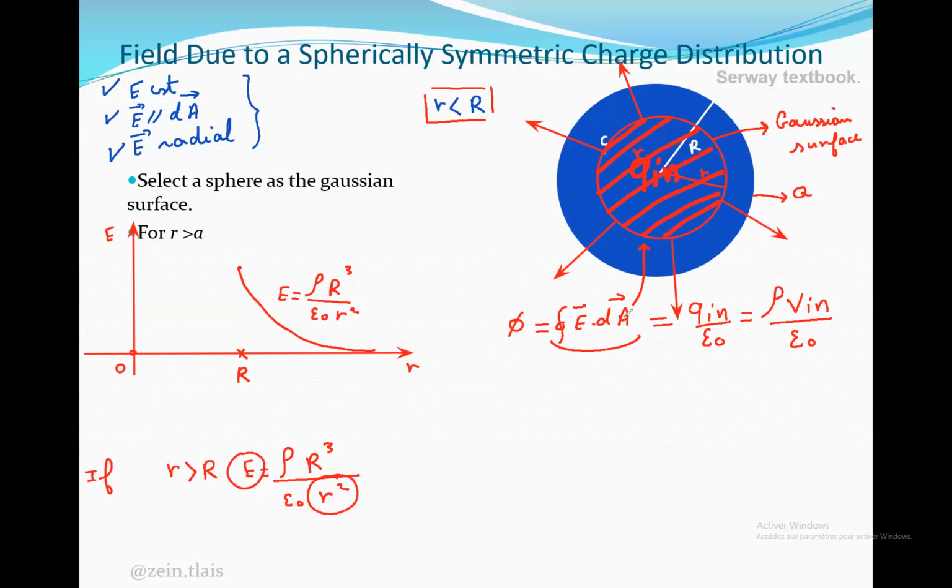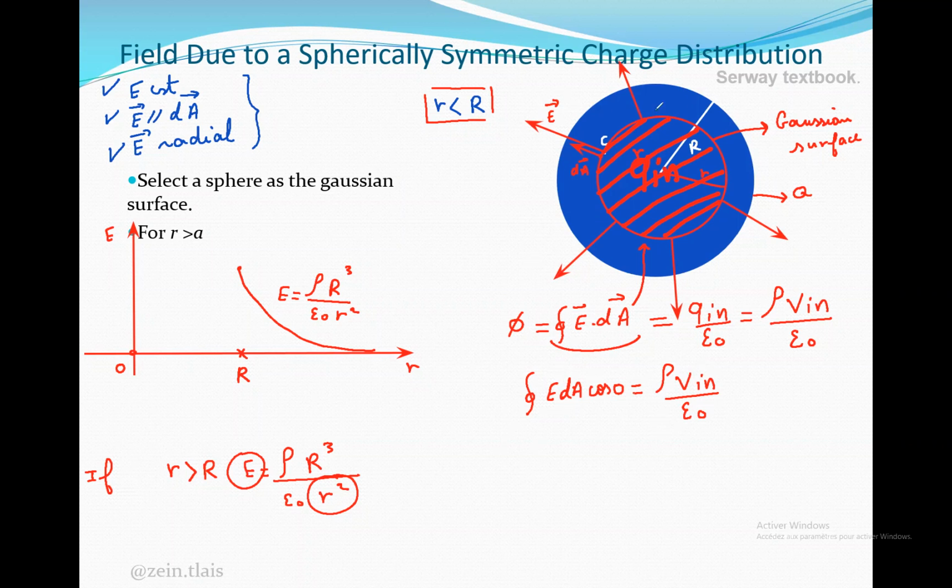And E and dA at this point C have the same direction. We can say the integral of E dA times cosine of the angle equals rho Vn divided by epsilon 0.